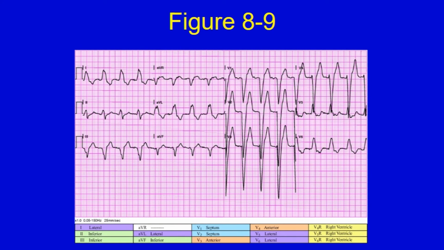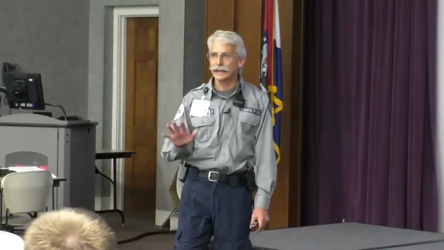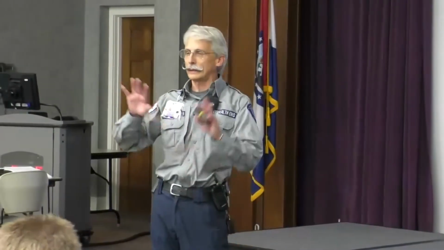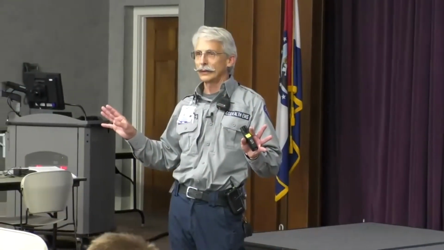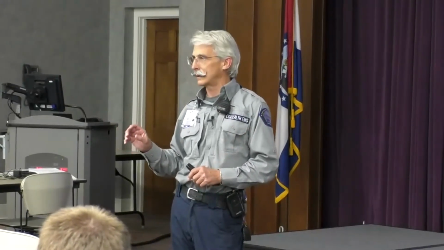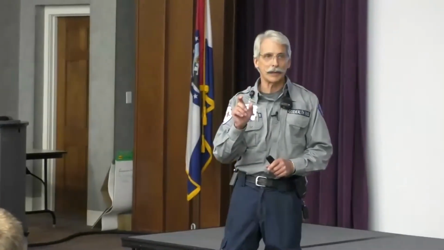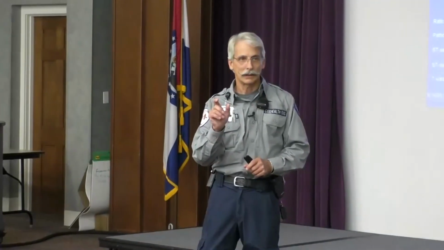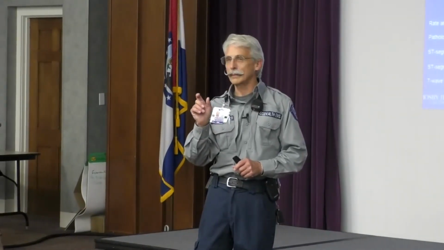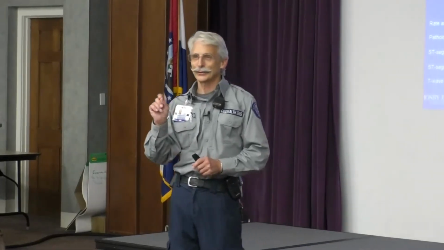Okay, so let's talk about the bundle branch for just a minute. What things are required to make a bundle branch block? I don't care about right or left yet. Width of the QRS has to be at least how much? 0.12. 0.120.